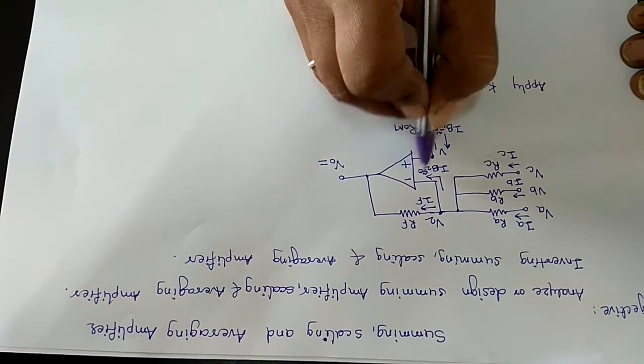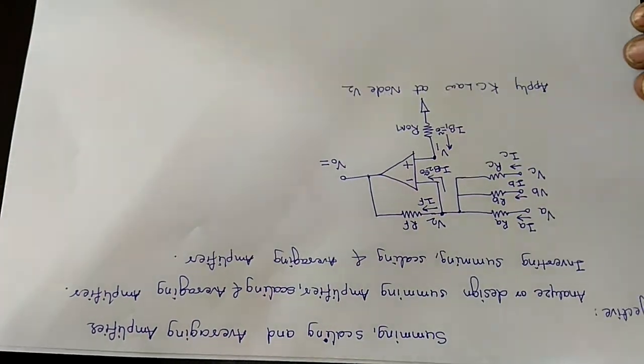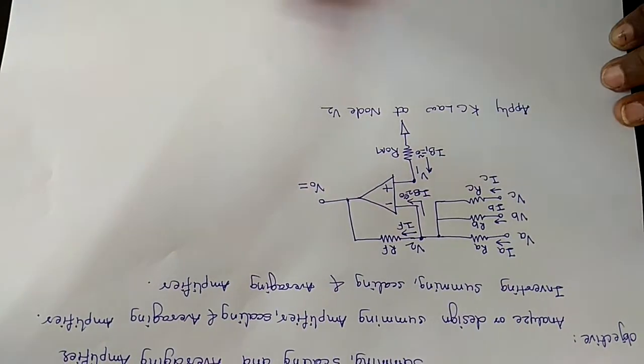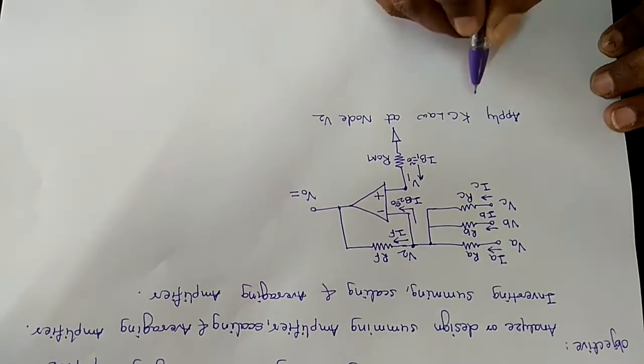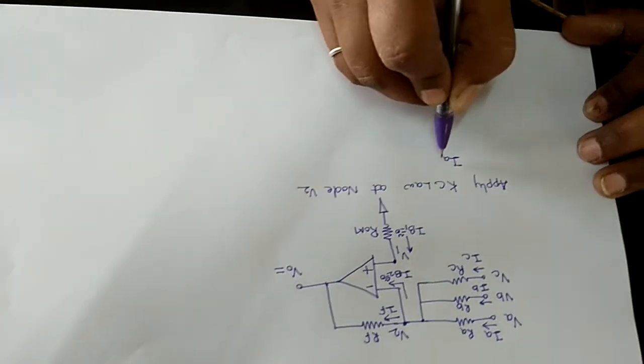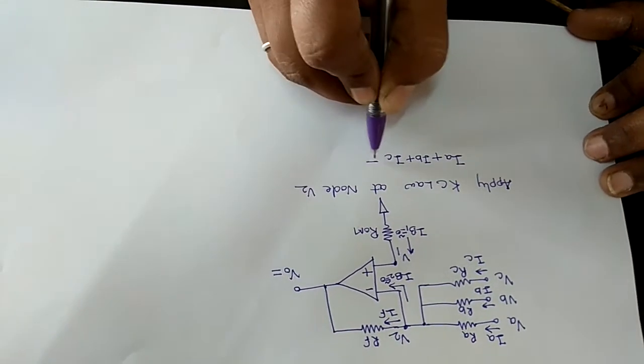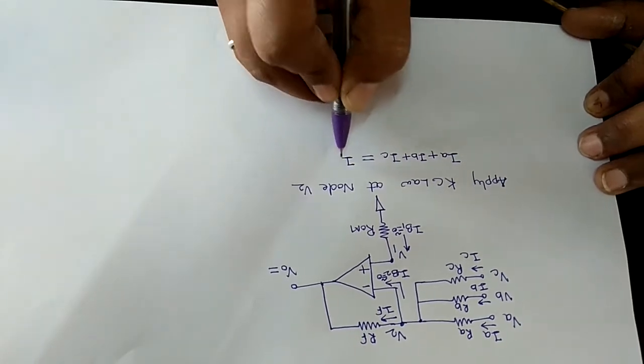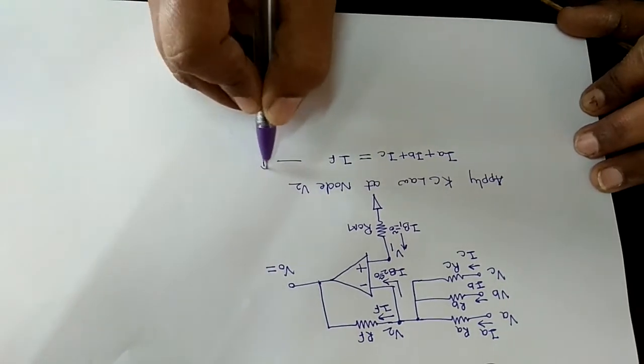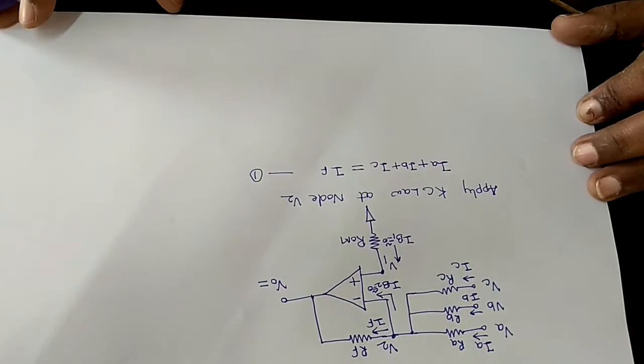Both are approximately equal to 0 ampere. So when we write KCL at node V2, the incoming currents are IA, IB and IC and the output current is IF. This is our equation number 1.